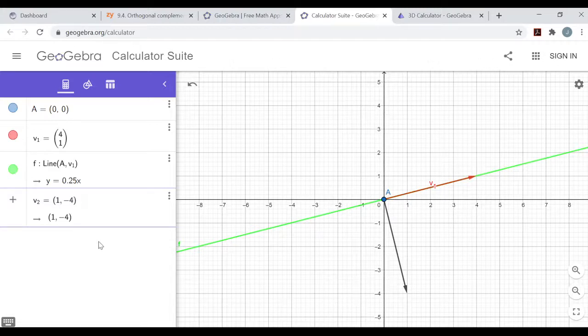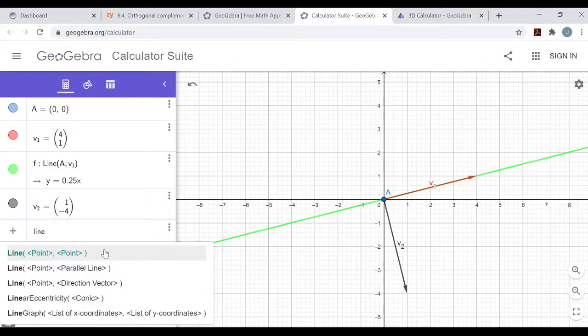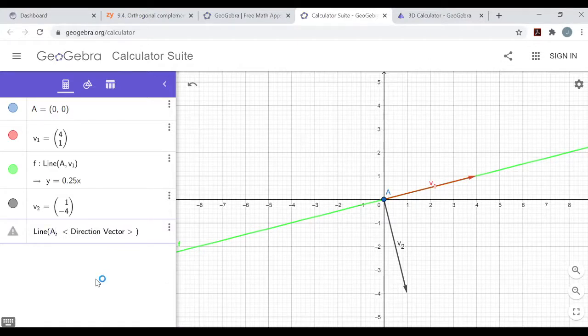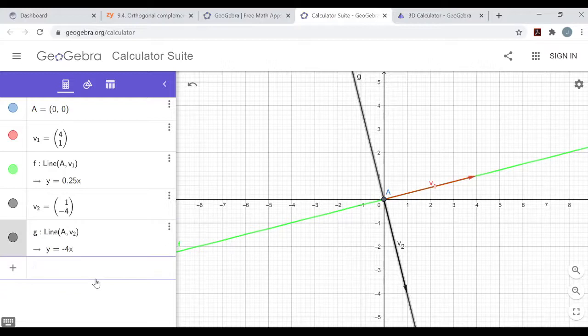But then let me put in the row space. The row space was the span of this vector, which would be a line containing all scalar multiples of the vector 1, negative 4. And there it is in black. But you can see that these are orthogonal subspaces. They do form a 90-degree angle. They're orthogonal under the dot product.